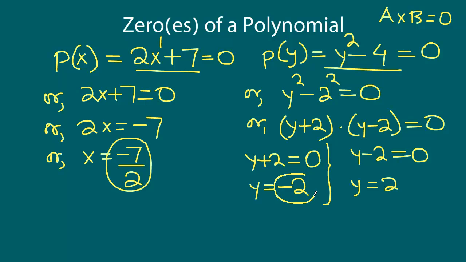y equals minus 2 is a zero of the polynomial, and y equals 2 is another zero of the polynomial. So in other words, if we have a linear polynomial, we always have one zero of the polynomial. But if it is not a linear polynomial, in this case a quadratic polynomial, here we have more than one zero of the polynomial. So if we were to just make these observations, let's consolidate them.